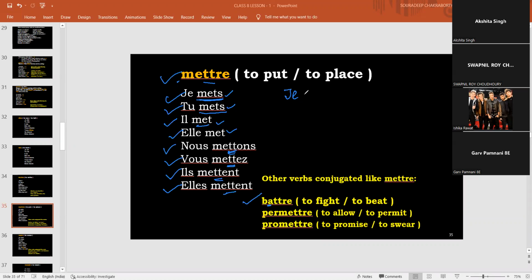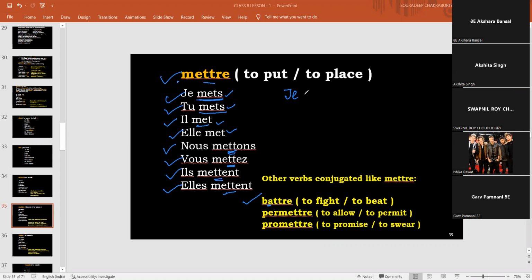Je mets means I place or I put. And what will be I am fighting or I fight? Yeah, Jay? Sir, I don't know. Why don't you know? You can see the verb mettre. We are writing with M-E-T-S. So for battre, what will we write? Akshita Singh, what will we write?